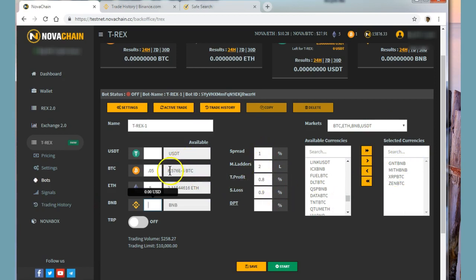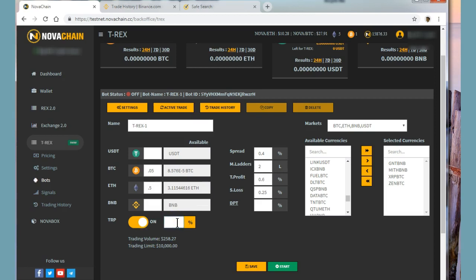Updated the amounts, and the spread was 0.4. I'm using some additional settings that Bitsaway put out, so I'm going to try these. Let's try 0.6 stop loss, 0.25. And we're going to add trailing profit on.